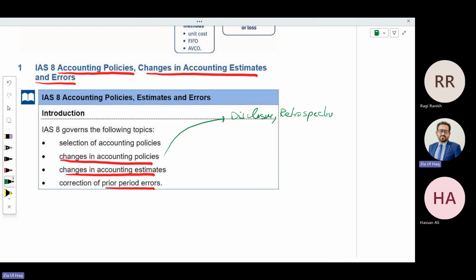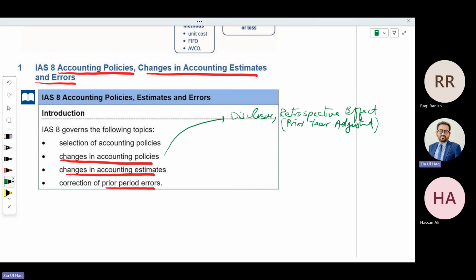What does retrospective effect mean? Prior year adjustment. Not only do you need to provide a disclosure in the financial statements, there should be prior year adjustment.